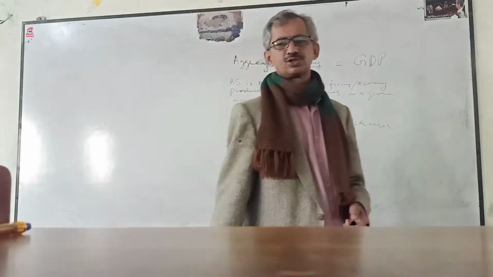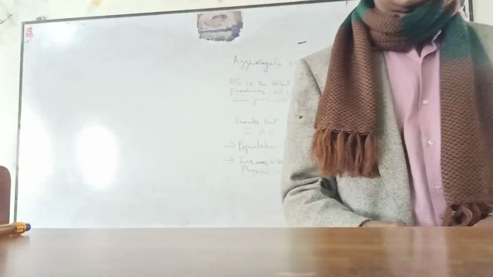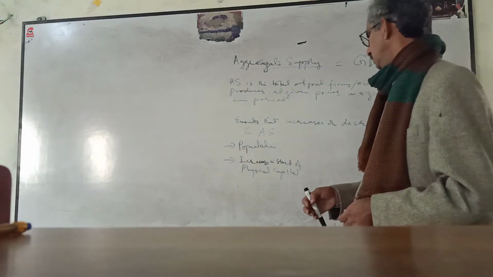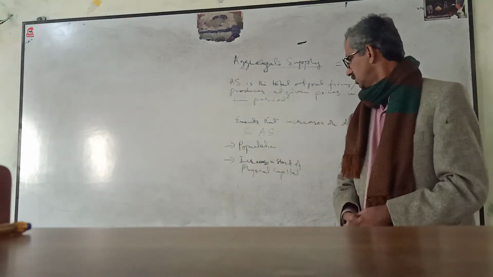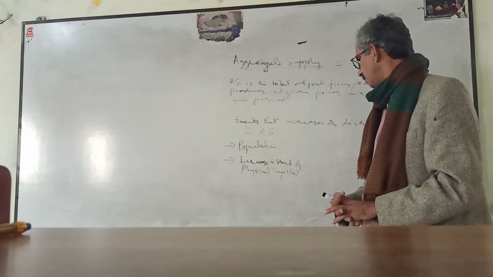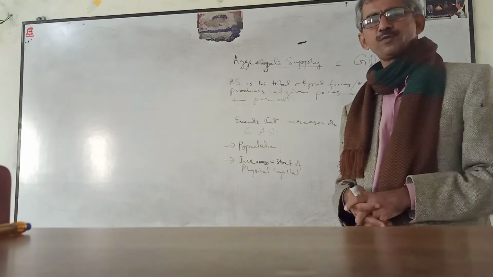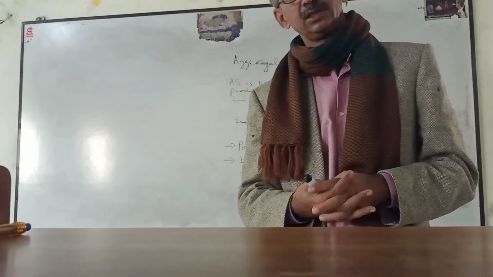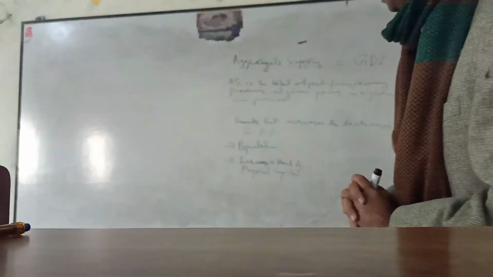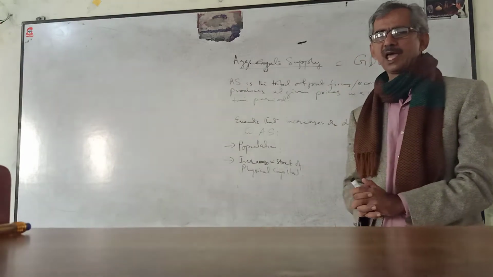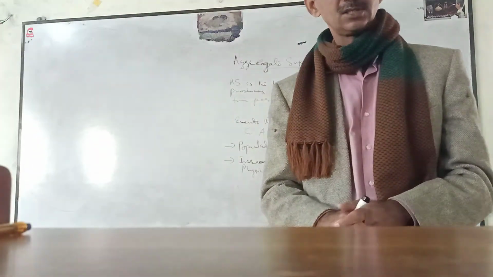Another very important factor which causes the aggregate supply to increase is the increase in the availability or stock of physical capital: the tools, the machines, the factories. As these increase, the economy's overall supply level will also increase.